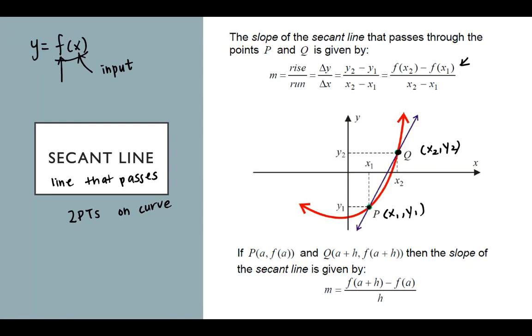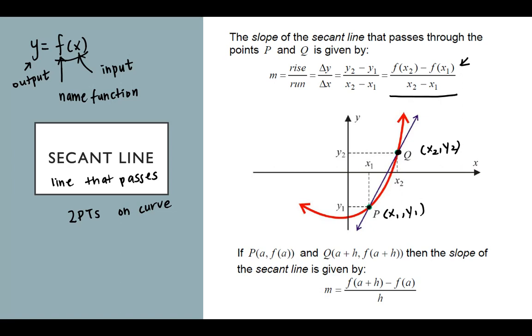The f in this case is the name of the function. It could be a parabola, quadratic, cubic, linear. And then y is the output, which is the dependent variable. Depending on the function, this is a formula that you will see, but they mean the same thing.